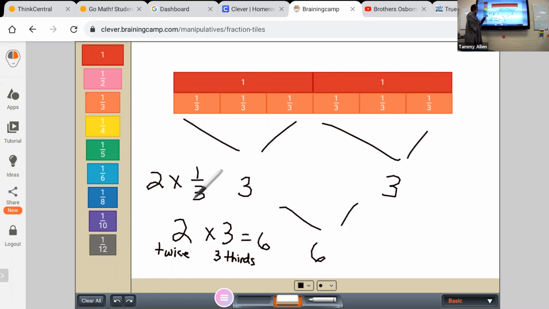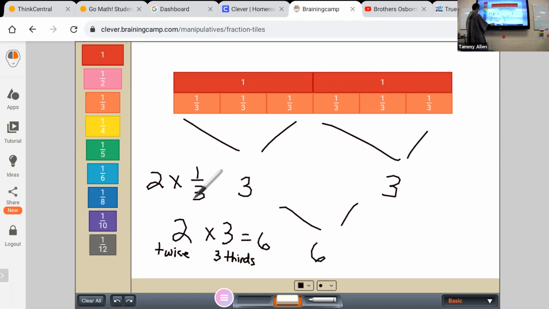You have to ask yourself how many thirds are in 2. Okay? And then how many thirds make up 1? 3. That's the thought process you need to go through. Twice I had 3/3. Okay? That makes sense? All right. Other questions?